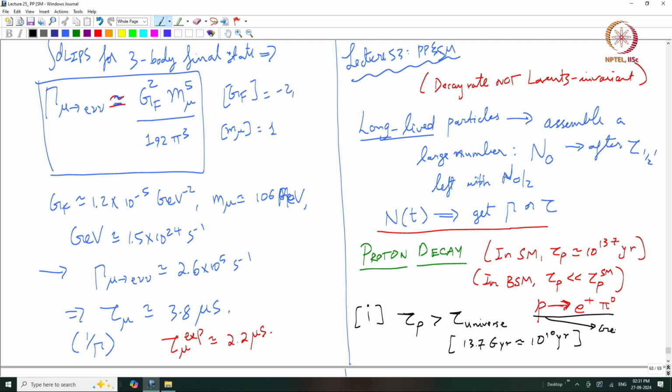So, this is a GeV, this is just 100 MeV, right, and this is like 0.5 MeV, right. It means you are almost dumping all this GeV energy into the positron, like 90% of it, 50% of the proton mass goes into the kinetic energy of the positron. So, these are very fast positrons, right.